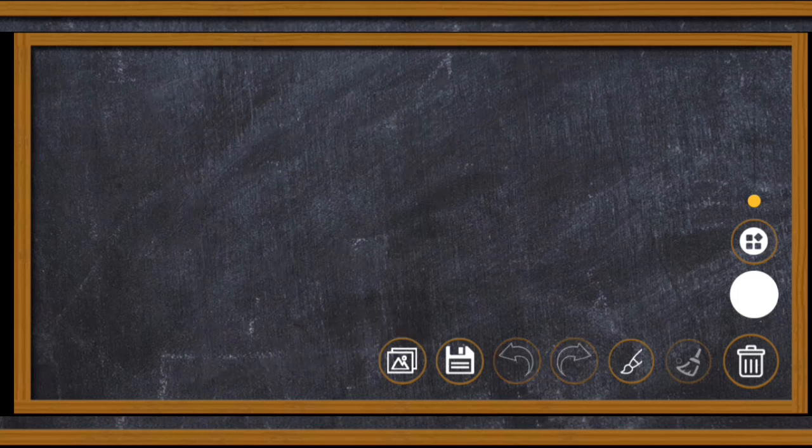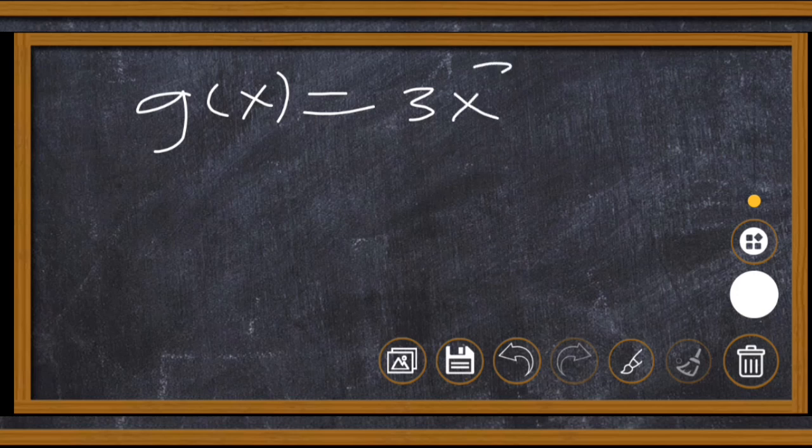So let's look at some of the other examples that you might have. Let me just use a different function. Let's say we have g of x equals 3 and then x raised to the power 3. To differentiate this, we are going to find dy over dx of this.